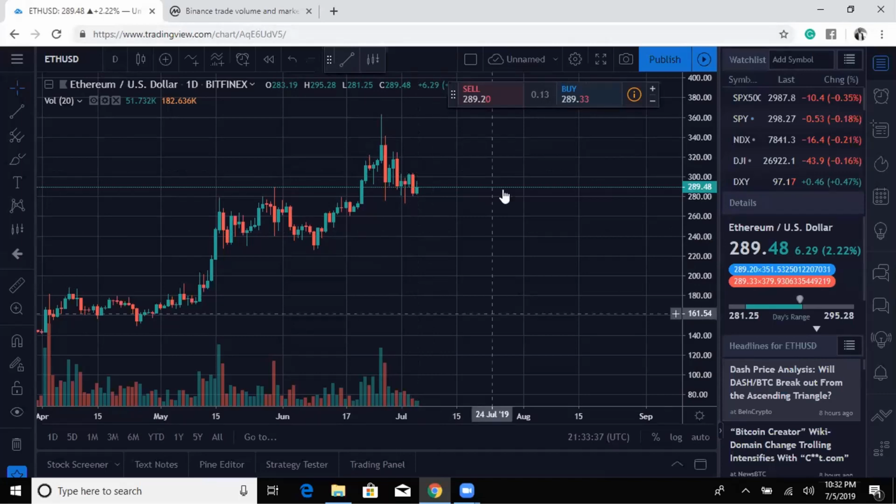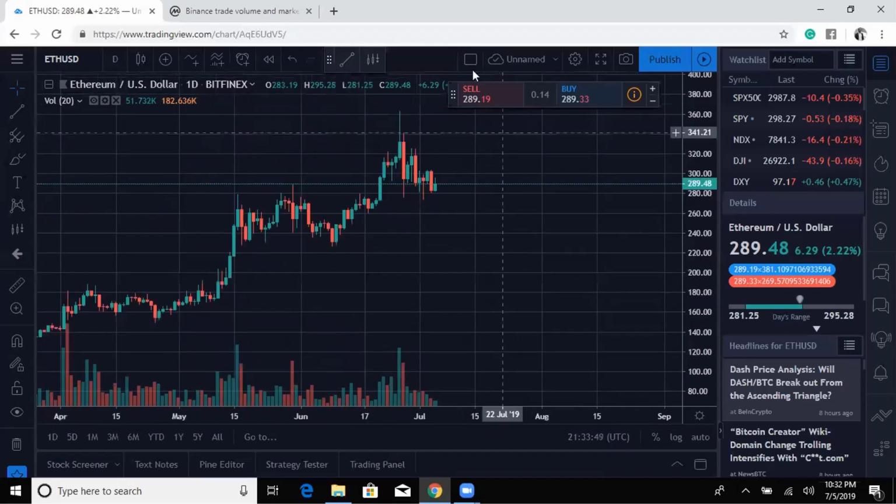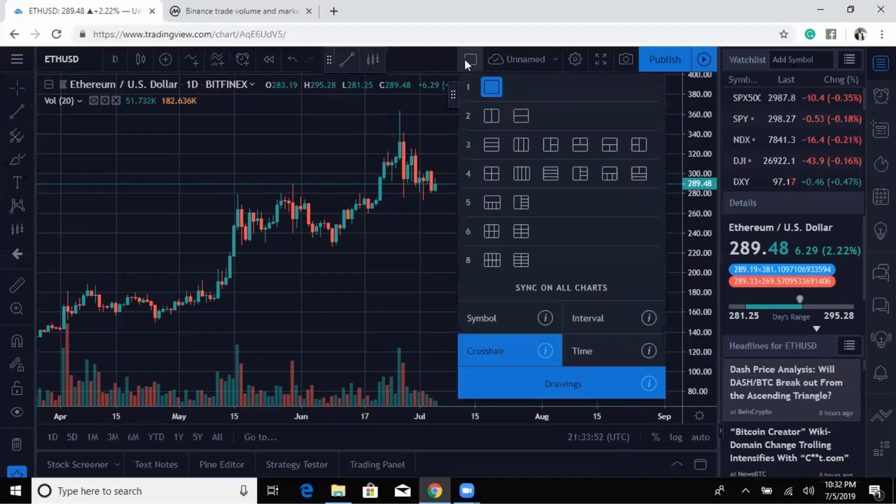So the different time frames we'll be making use of are the 5 minutes, the 15 minutes, and then the 1 hour. And what you can simply do is go here, right here on your TradingView, select layout, select multiple time frames.